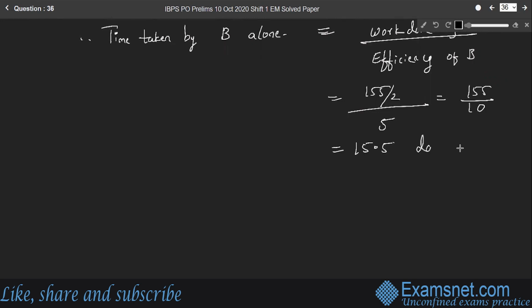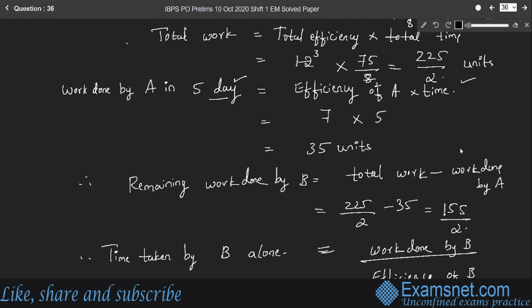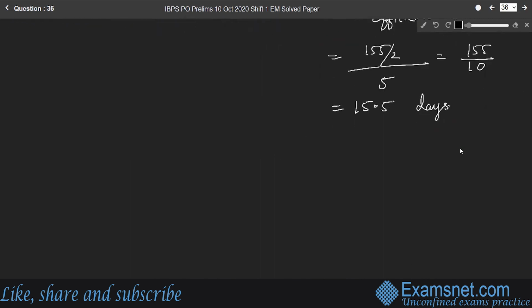taken by B alone. Here the unit is days, and time taken by A alone is 5 days, which is already given, right? A works for the 5 days, first 5 days. Therefore, time taken by A and B, right?